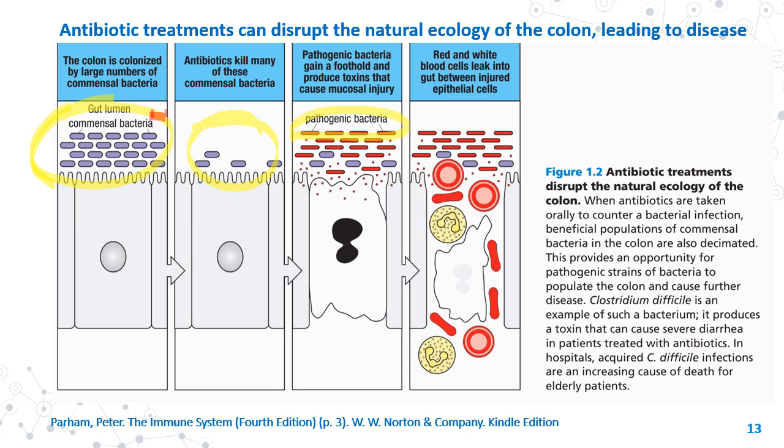This is your one pathogenic bacterium that was there in the middle of all these good commensals. When this bacterium was there all by itself in the middle of all these good guys, it didn't really have a lot of chance to do harm because it was being checked by the good guys.